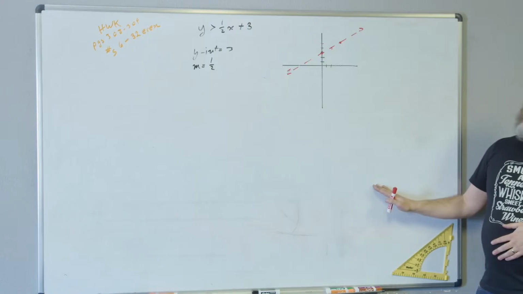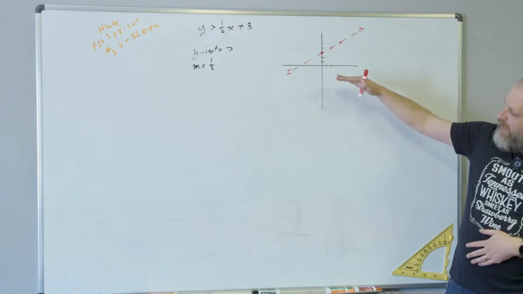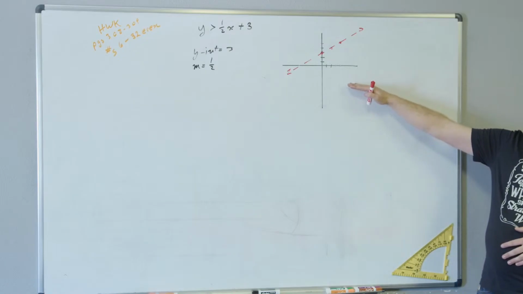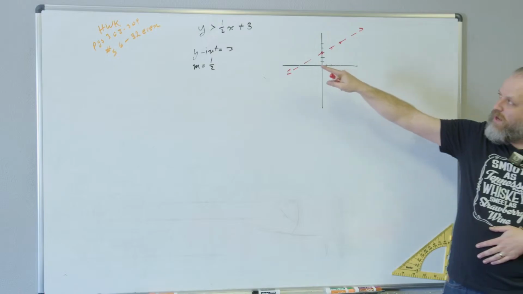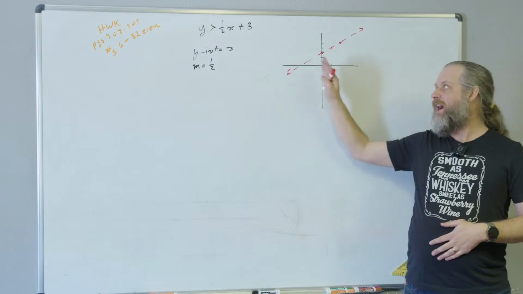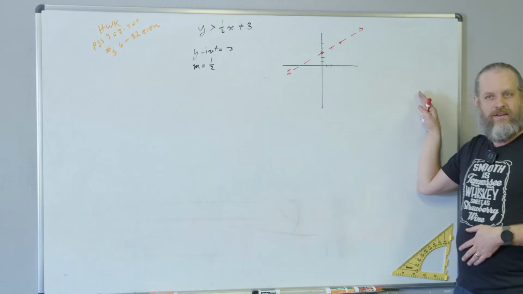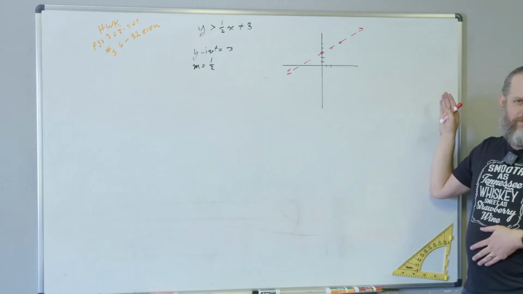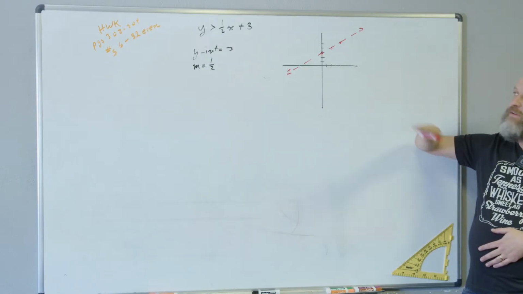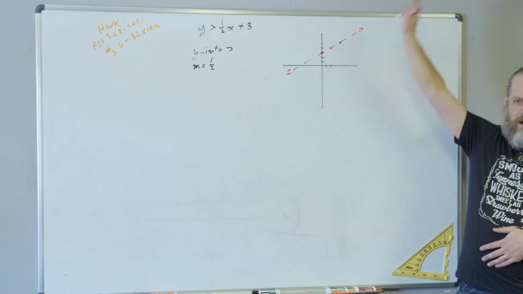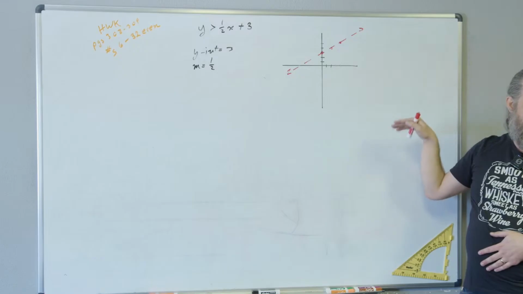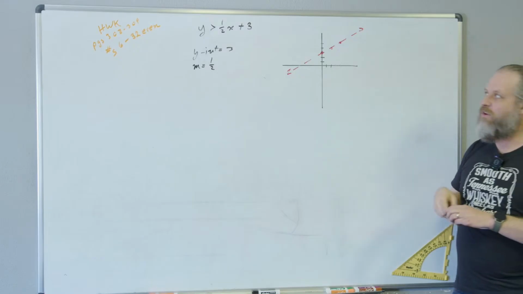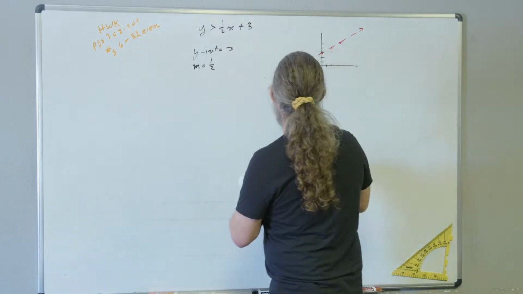However, when you are thinking about inequalities in 2 dimensions, you must not do that because you will get it wrong, right? This says greater than, right? So if I was thinking right and left, I would shade over here, right? But you don't think right and left. You think above and below. If it's greater than, you shade above. If it's less than, you shade below. Is this making sense so far? Good. So we're going to shade above the line.